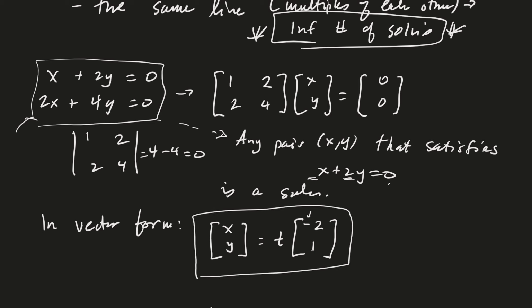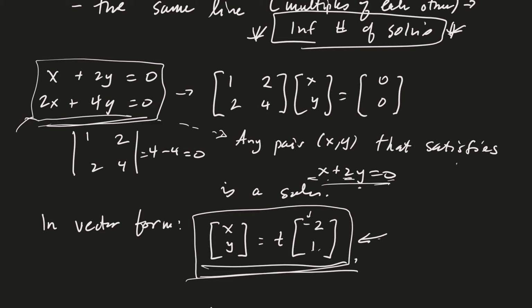Because if you plug in minus 2 for x and a plus 1 for y, that would satisfy our equation. Good. And so this is the way to write the full set of solutions to this set of equations. The set is an infinite number of solutions, and we can write them in this form. Good. All right.